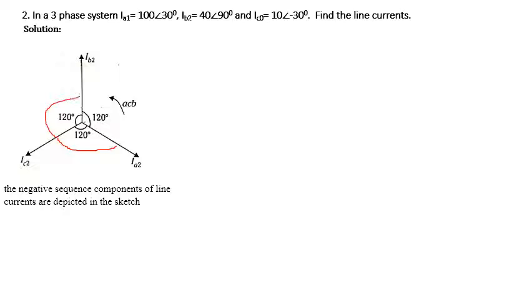Here I should have IC, but I can write it as B because I'm considering the negative phase sequence component. So I can relate either B or C in terms of A, or C or A in terms of B. Already I know that IA exists.